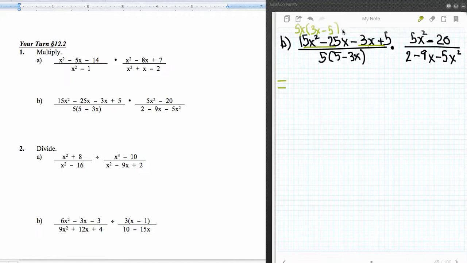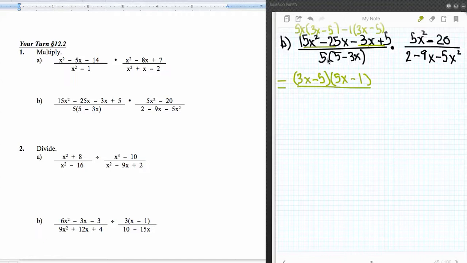And then here, I'm going to take out a negative 1, and that's going to leave me with a positive 3x and a negative 5. And so now I can see that my GCF is 3x minus 5. And so I take that GCF out. Remember, don't write it as a square. You take the GCF out and write it down. And that leaves me with a 5x in the first term minus a 1 in the second term.